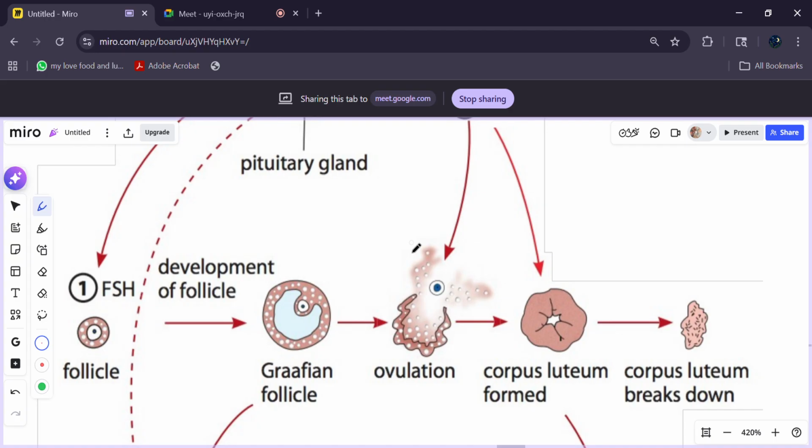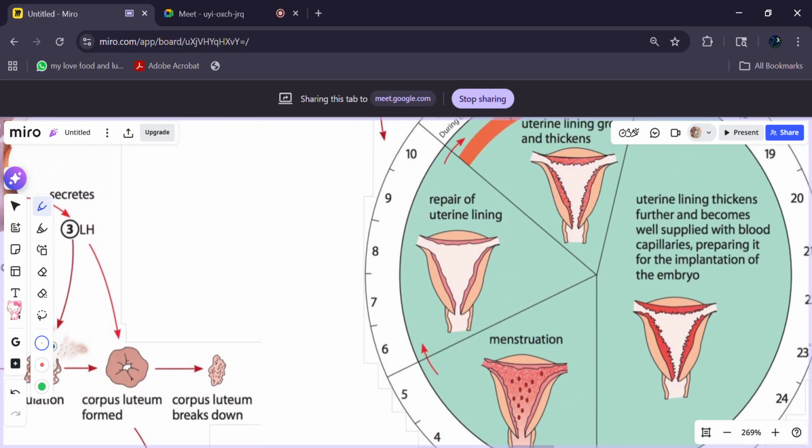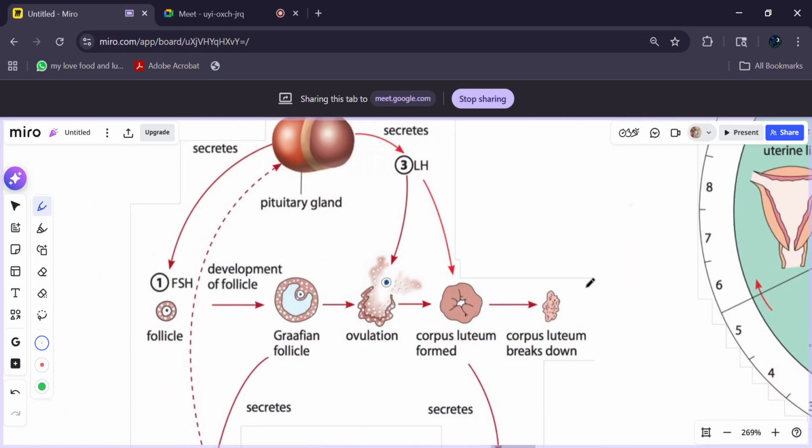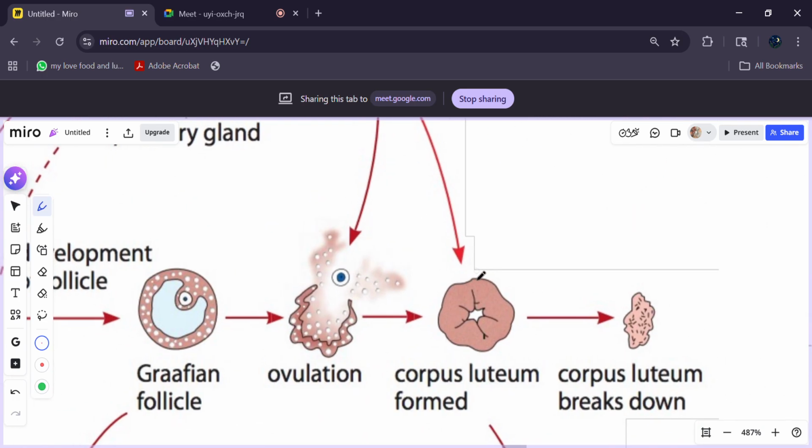Now, when the Graafian follicle secretes oestrogen into the bloodstream, the uterus lining becomes thick and spongy with blood vessels. Yes, the uterine lining grows and thickens. The oestrogen causes the repair and growth of the uterus lining.